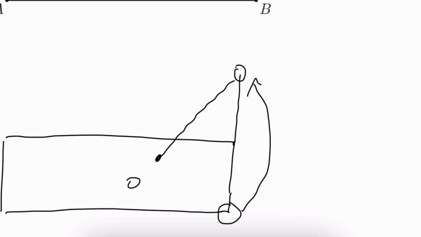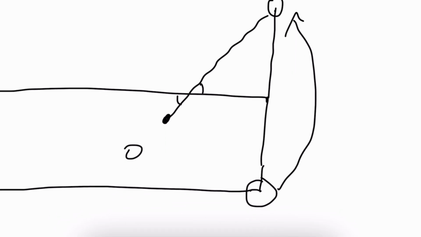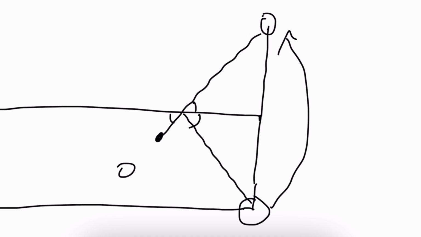But because it's not, we can make use of the fact that these two angles are the same because they're vertical angles. But then because this pocket is a reflection of our original pocket, this line here will also have the same angle if we reflect it back now.